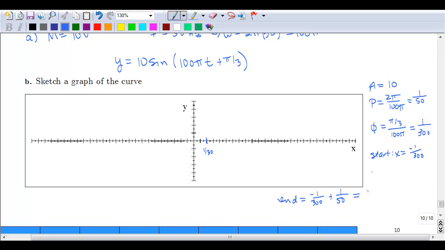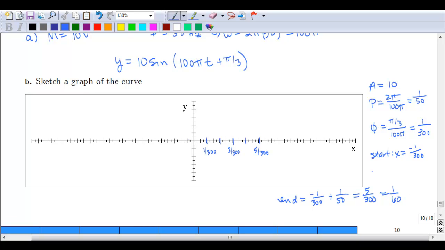That gets you to 5 over 300, or 1 over 60. So that's going to be our ending. It's kind of maybe easier to look at it as 5 over 300 since we're going by 300. So there's 1, there's 2 300ths, there's 3 300ths, or 1 100th. There's 4, and there's 5 300ths, or 1 60th.